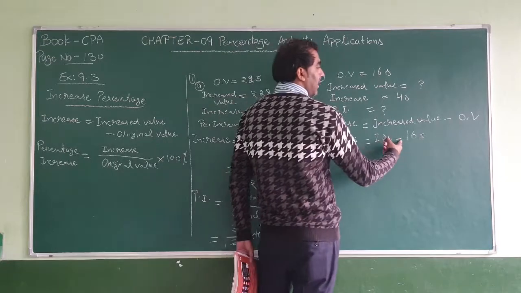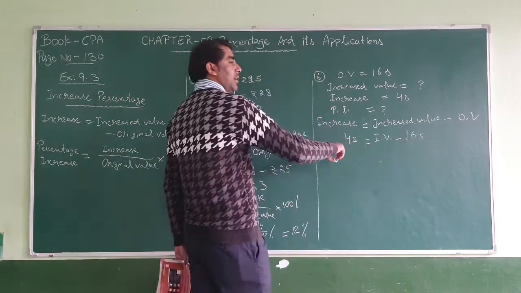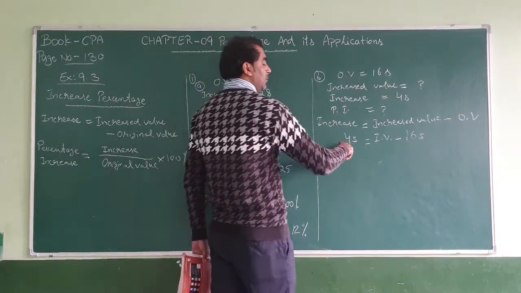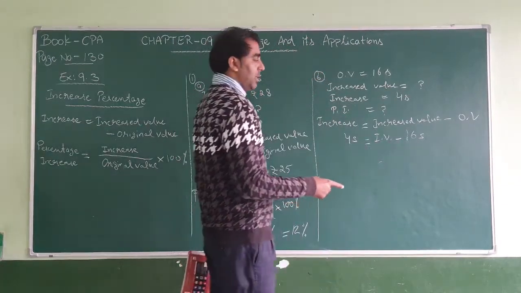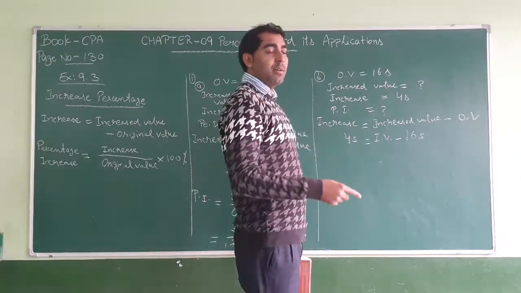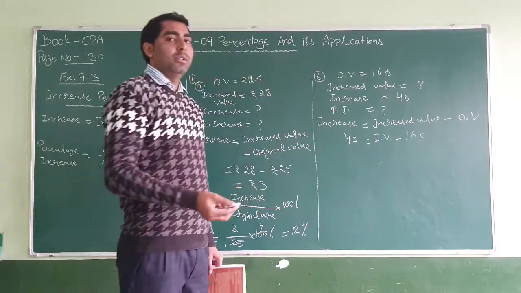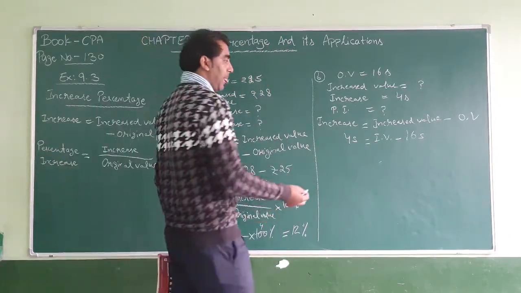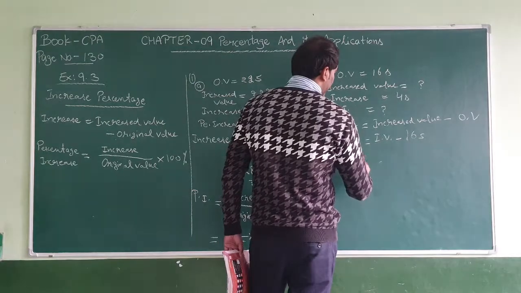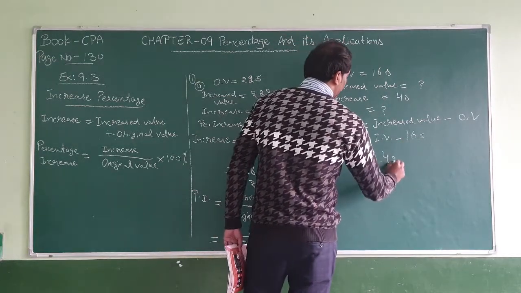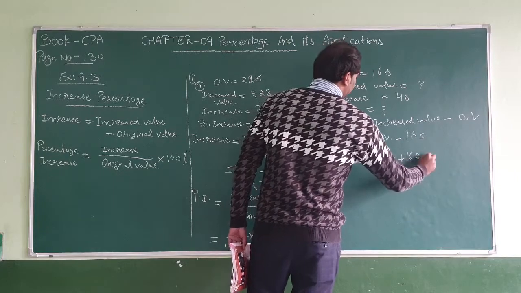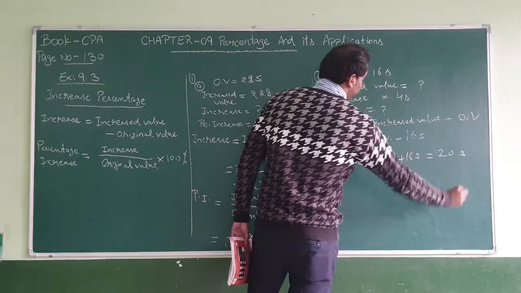Now this term is minus, so when we bring it to the left side, the sign will be changed. Okay बच्चे, when we take something to the other side, the sign changes. So now we have only increased value equal to 4s plus 16s, then we have 20s.